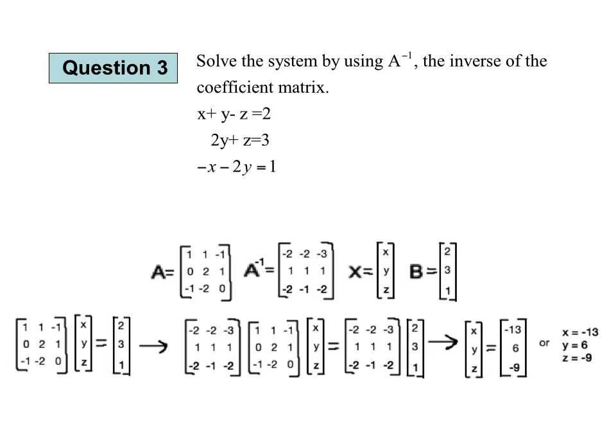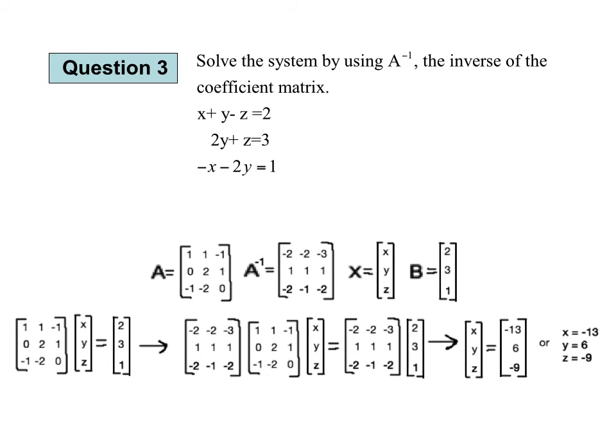Then we have the matrices X and B. Now going through the multiplication, we would have A times X equals B, A inverse times A times X equals A inverse times B, to have X equals negative 13, 6, negative 9.